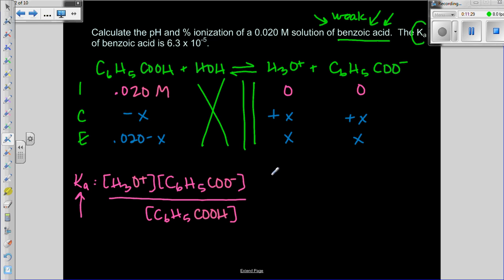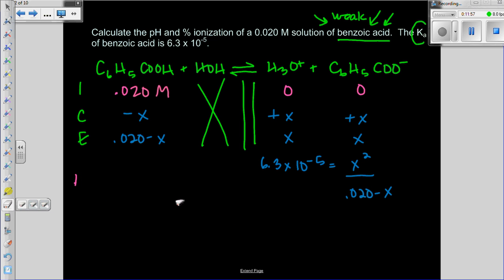So I will have 6.3 times 10 to the negative 5th equals X times X, which is X squared, divided by 0.020 minus X. Okay, now we can do something special here, and the reason that we can do that is because our Ka is so small, and we mentioned, maybe we didn't even tell you, that we can do something called approximate when we have really small equilibrium constants.